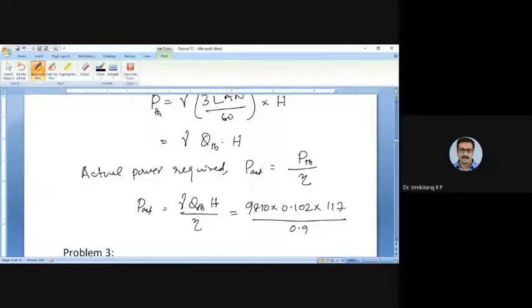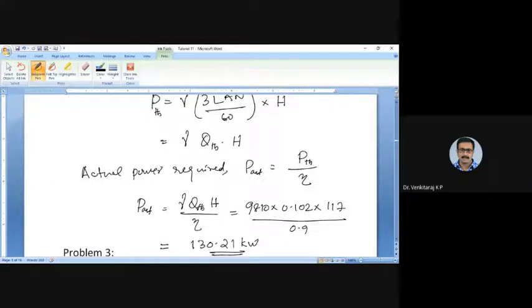So you can calculate it, and if you convert that into kilowatt you get 130.21 kilowatt. That completes the second problem.